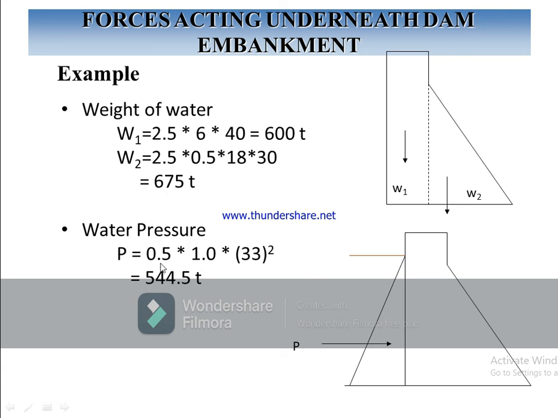And the water pressure is like a triangle: 1 divided by 2, which is equal to 0.5, multiplied by gamma W, which is 1, multiplied by 33 square, where 33 is the height. So we get that.